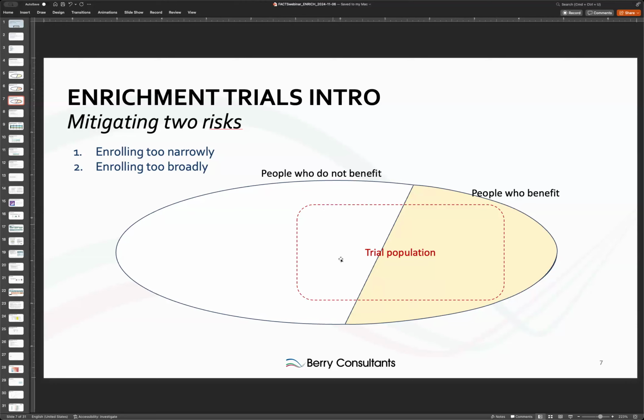You can imagine if the people in this white space are non-responders and you get a lot of them in your trial, you may not be as powered as you would have hoped to run that trial. This has downstream effects. If this is a phase 2 trial, for example, you're going to end up doing a lot of subgroup analyses, trying to figure out what's the right thing to do in phase 3, picking through your data, and you're going to continue to have some uncertainty about what that trial population looks like.